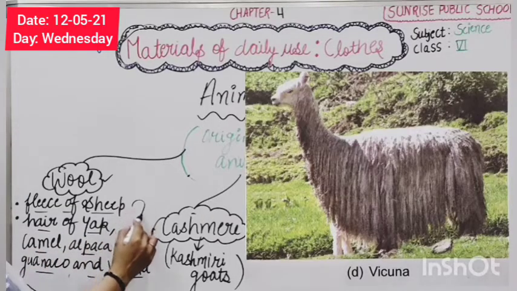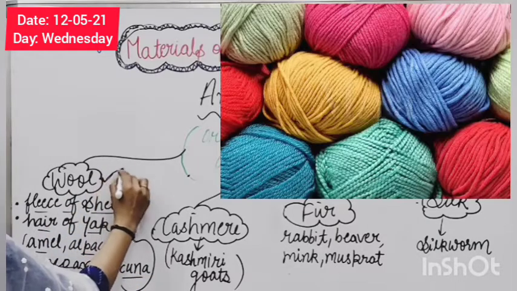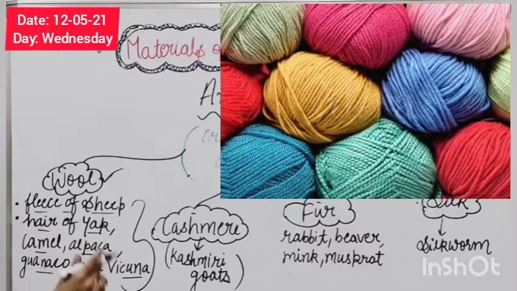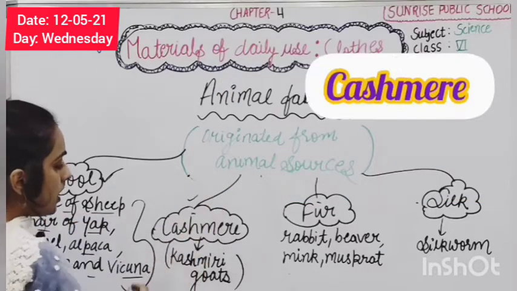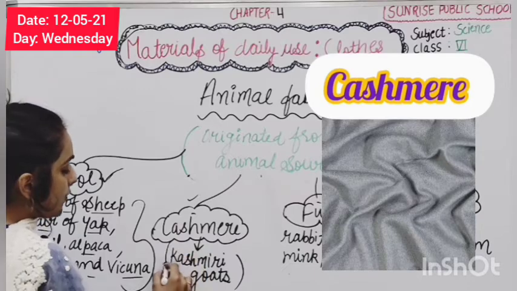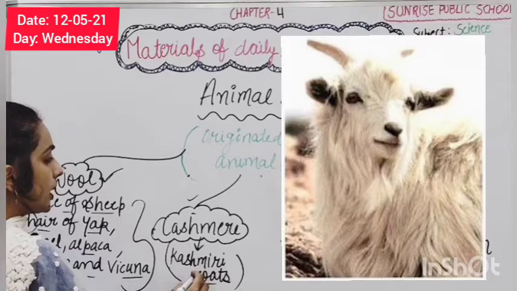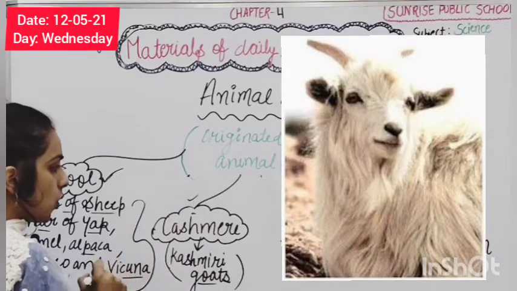So these are the varieties of animals from which wool is obtained. And second is cashmere. Cashmere is the fabric obtained from Kashmiri goats.